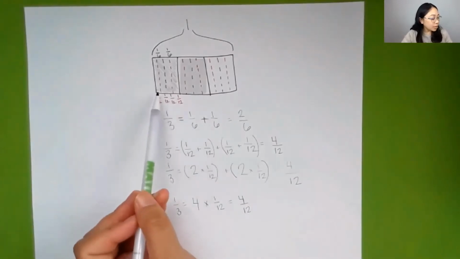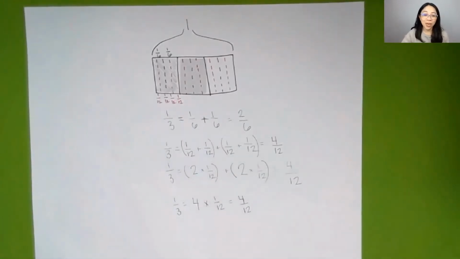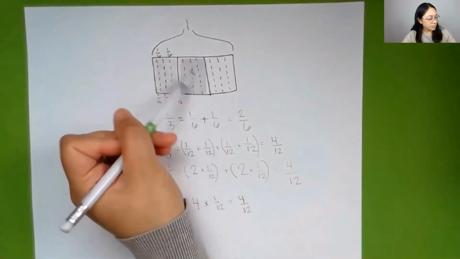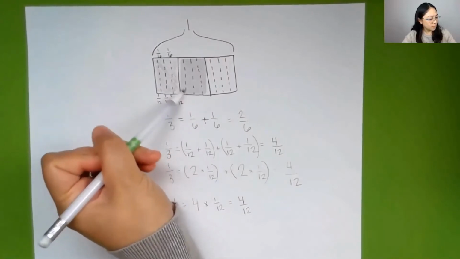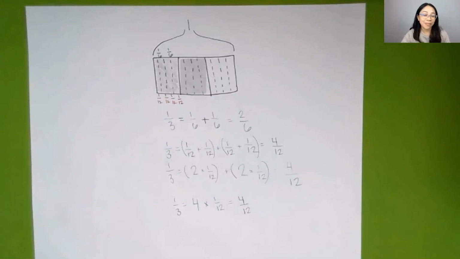We can see 1, 2, 3, 4 12ths equals 1/3. What about 2/3? How many 12ths is that?